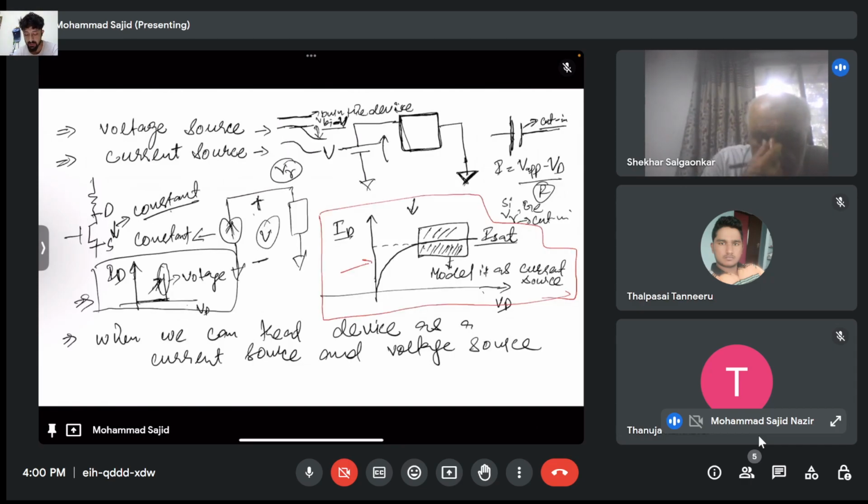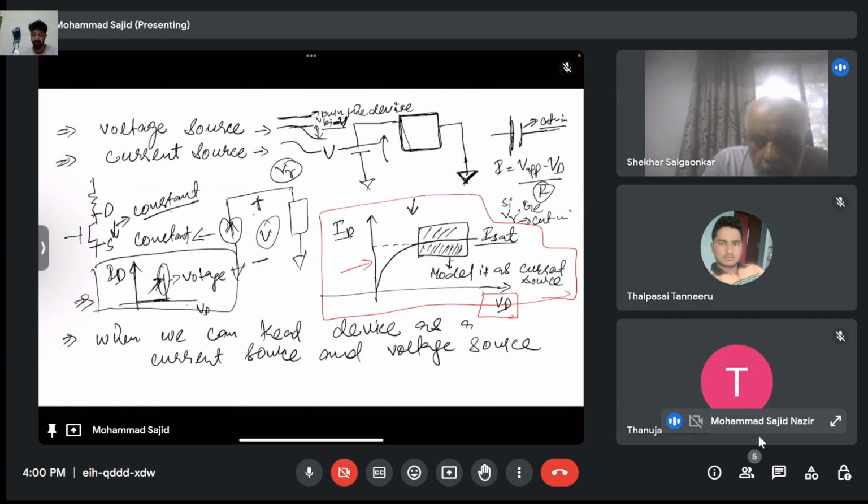We will discuss it. For now, you can say that if the device is long, there is no channel length modulation, then the device characteristics will remain almost constant. But in short channel devices, that means when length is less, there is a channel length modulation due to this bias, right?